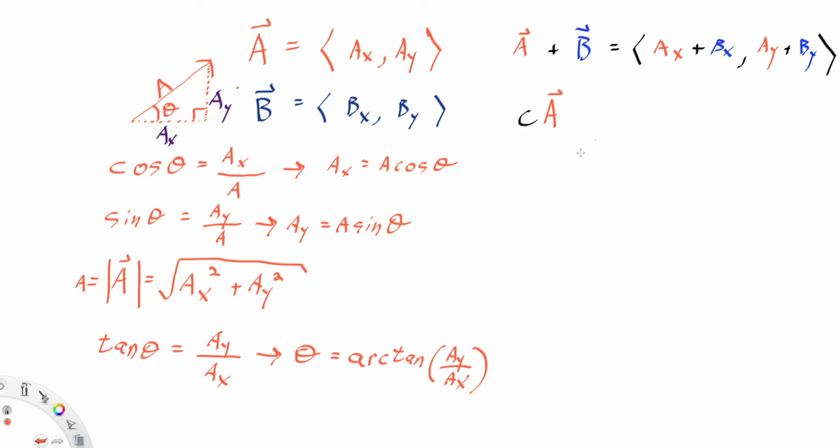There was a question about how these look graphically. Don't worry, I'm going to draw that out in a second. This C in black, numbers that aren't vectors, we call scalars. And we call them scalars because if we multiply a vector by them, they don't change the direction of the vector, they only change how long it is.